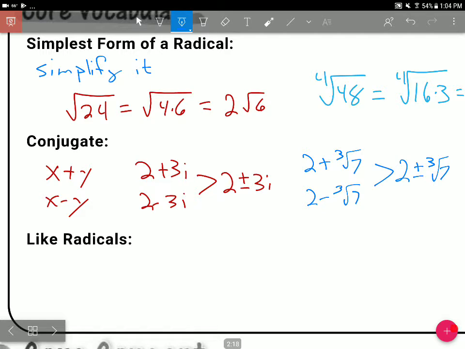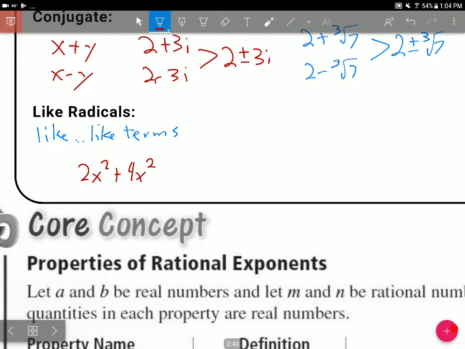Like radicals are like terms. For example, if we have 2x squared plus 4x squared, those are both x squareds. They are like terms. So how many x squareds is that? 6x squared. Good.